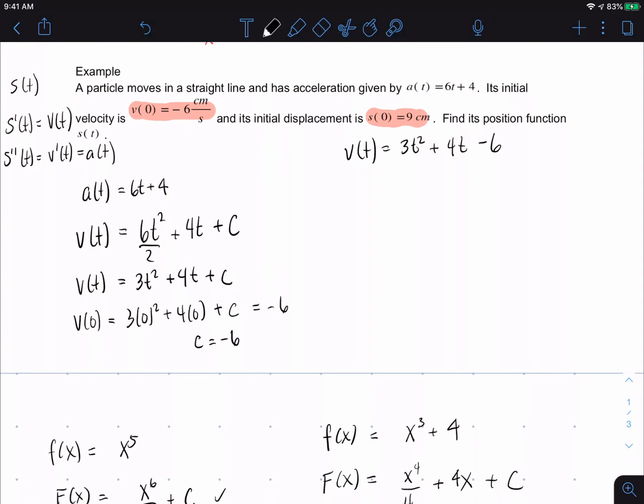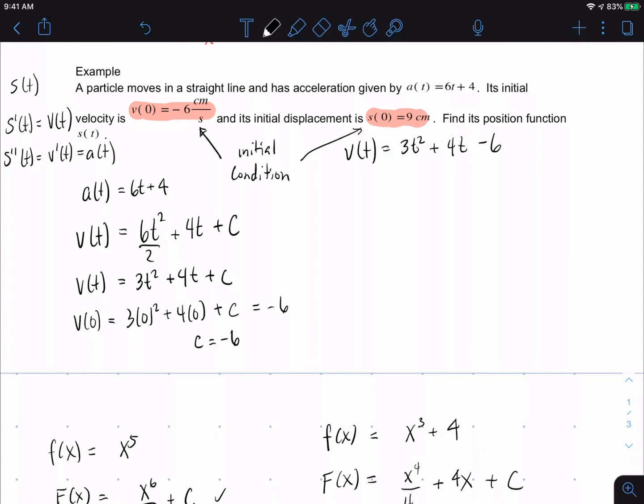Yes. Okay. This v of 0 is called an initial condition. It's important that you get that this, along with this one, are both initial conditions that help us find our unknown constant.